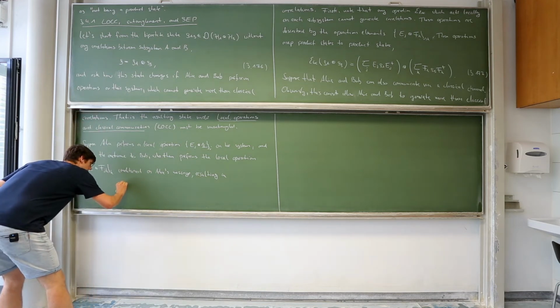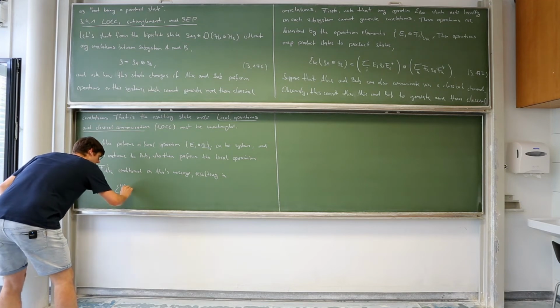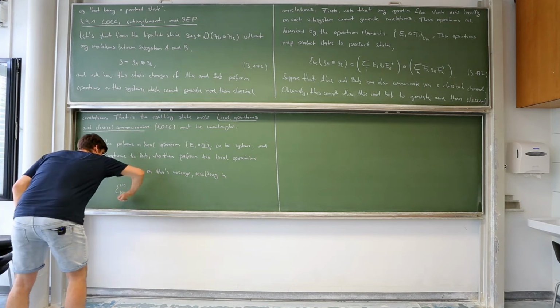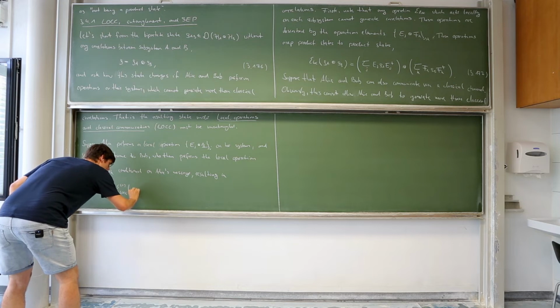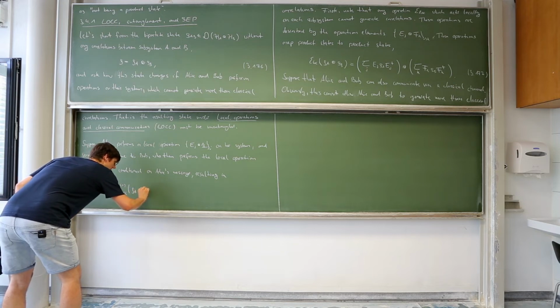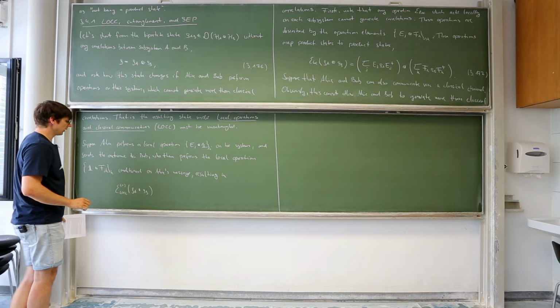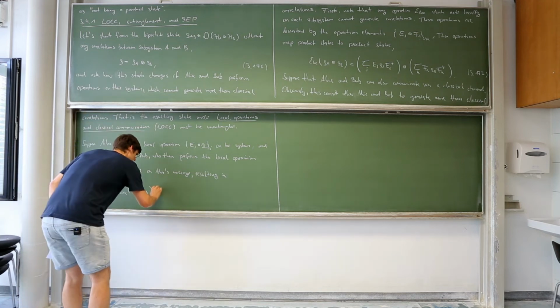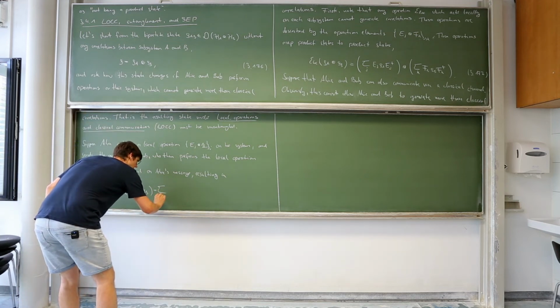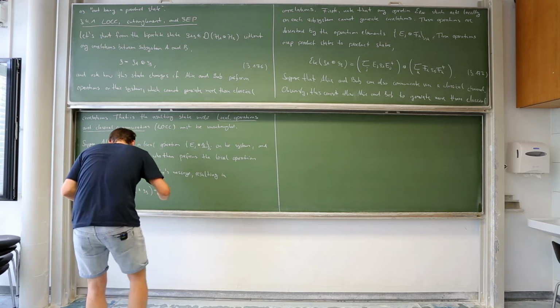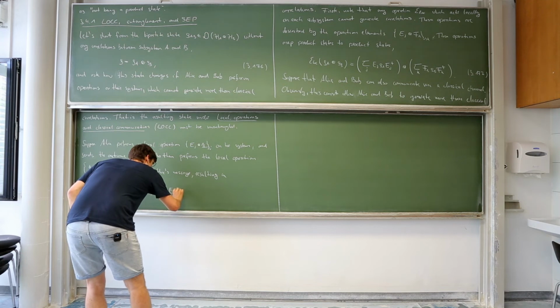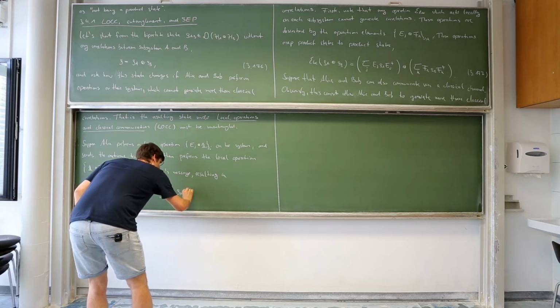Okay, this results in the following state. So this is local operation classical communication. Now note that this is performed on the product state, rho A tensor rho B. And this is then sum over JK, and then we have E_J rho A E_J dagger.